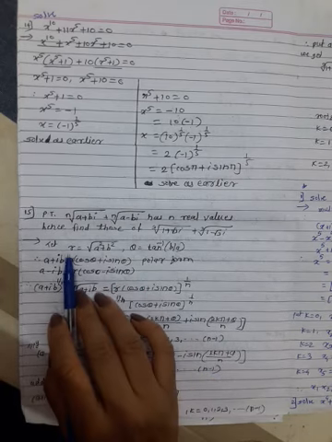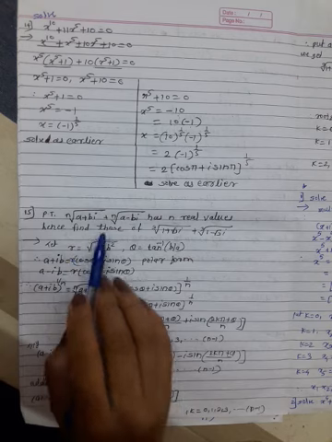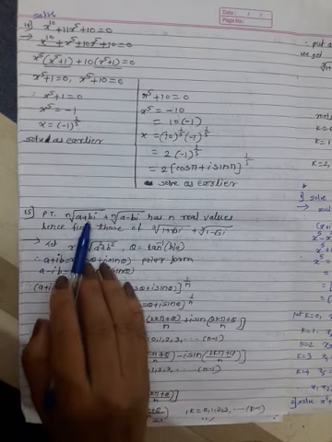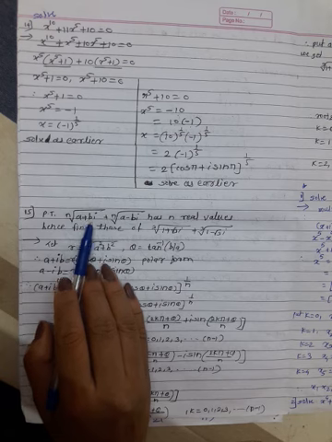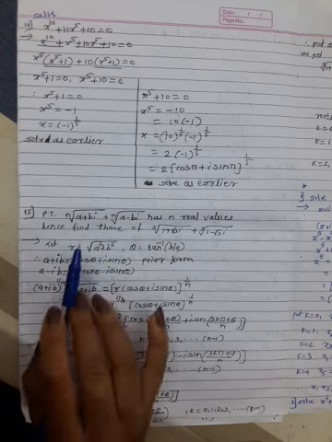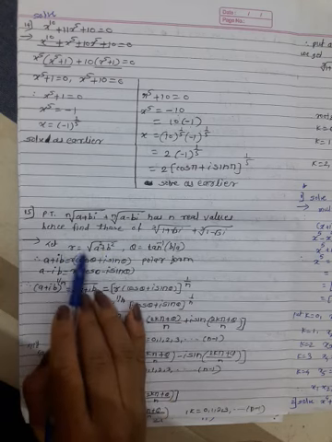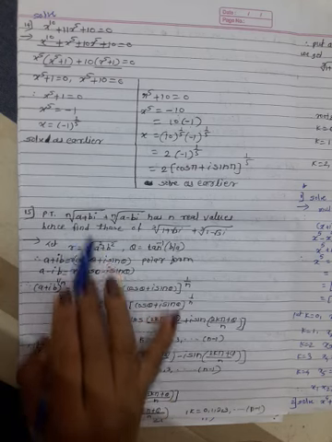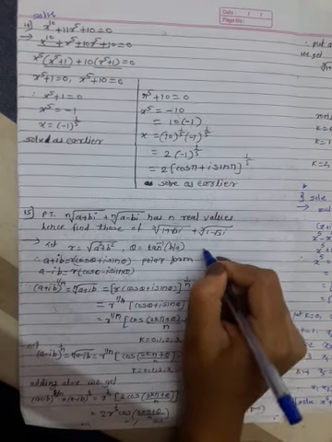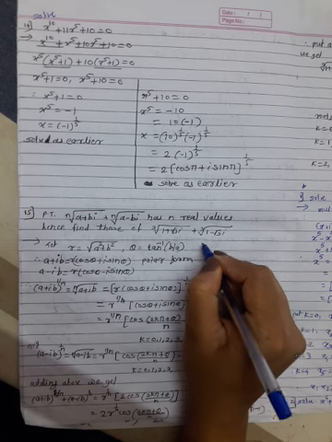Okay, first we have to consider this example. Suppose we have to convert this complex number into polar form. First, let r is equal to under root of a square plus b square, the modulus of this complex number. Our example is nothing but this.